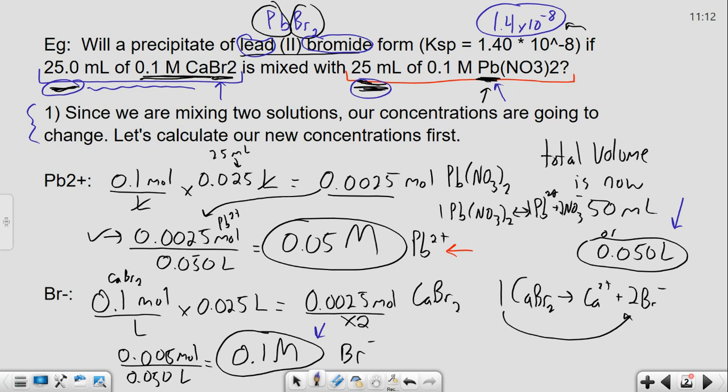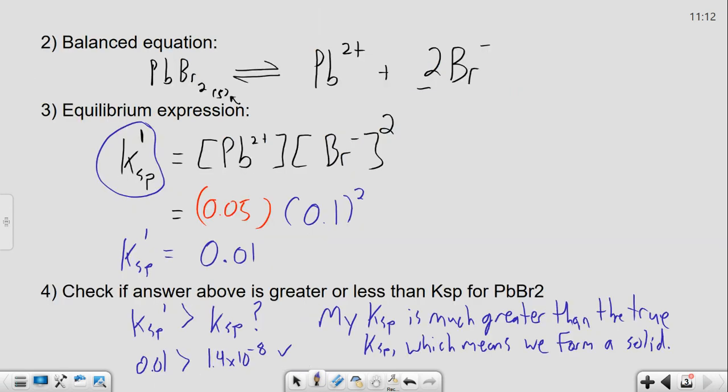Once you've got your concentrations of your 2 ions that you're interested in, write out your balanced equation for that dissolve. So I'm interested in the lead bromide, so this is what it would look like. I use that to make my equilibrium expression. I don't put KSP in because I'm trying to find my own version of KSP for these concentrations, which I've been calling KSP prime. So you calculate KSP prime and then compare it.